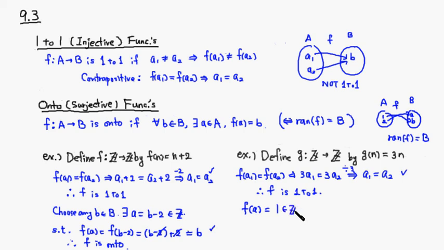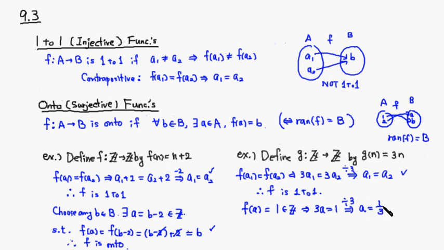So if this was onto, there should be a corresponding element a so that the function is equal to 1. So f of a is 3a, which has to be equal to 1, which means that if we divide through by 3, a has to be 1/3, right?